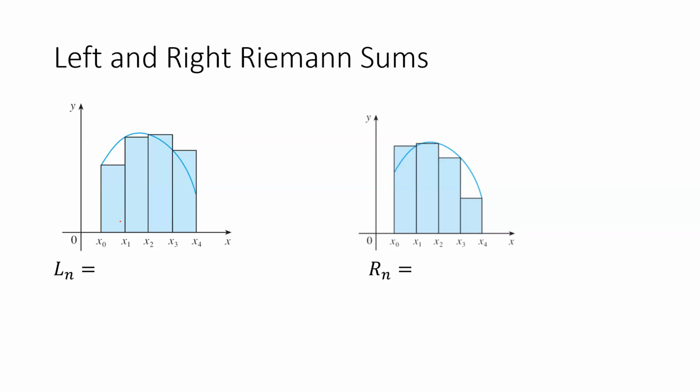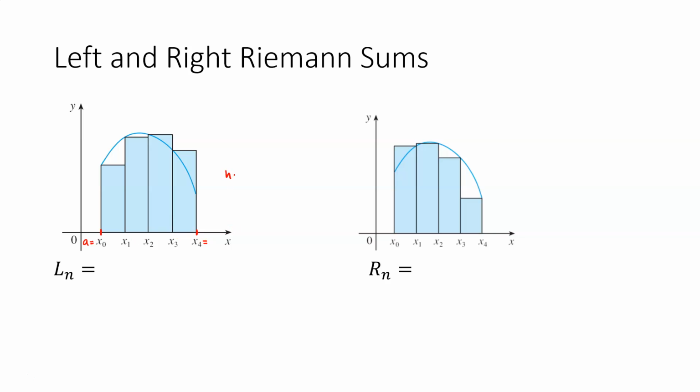So you remember the way that we'll construct the Riemann sum is we'll take the interval from a to b, so those would be in this case starting at x0, which is what we're going to call a, and the right endpoint in this case would be x4, because here we have 4 subintervals.